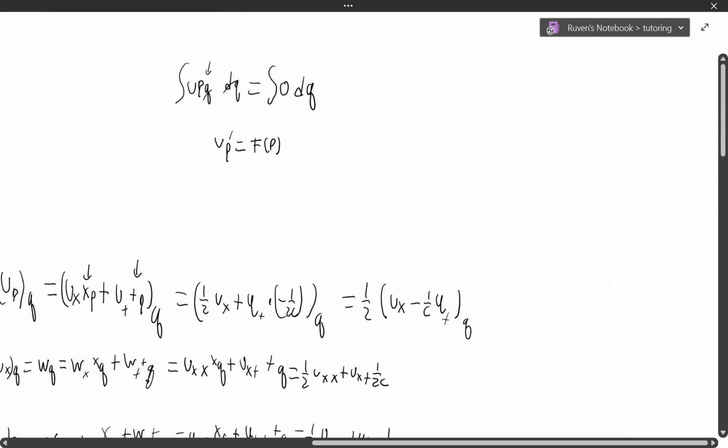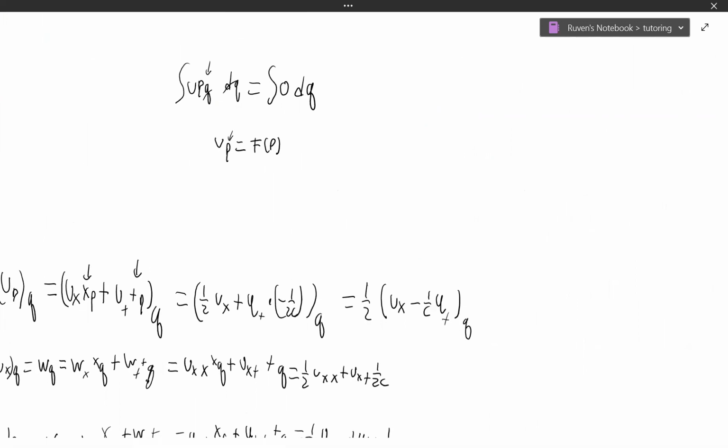And then, because now we have a p over here, we're going to integrate with respect to dp. So the integral of up dp is equal to the integral of fp dp.